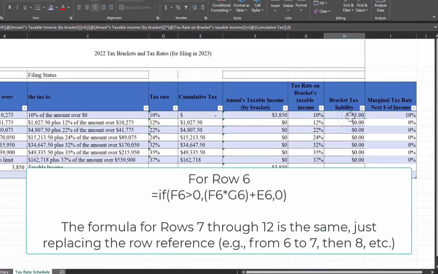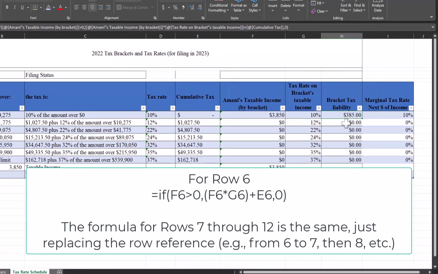We used a different conditional formula to compute the bracket tax liability, allowing it to be 0 for any row where the taxable income is 0, multiplies the taxable income by the rate for that particular row, and then adds the cumulative tax that we extracted from the taxes column.